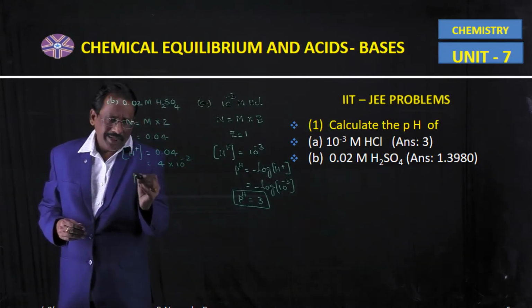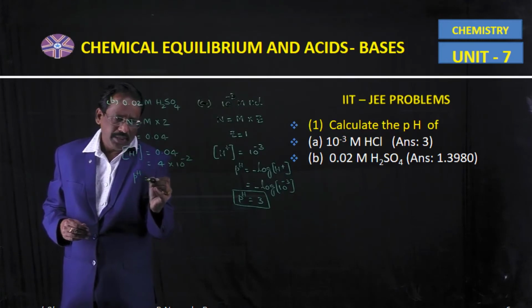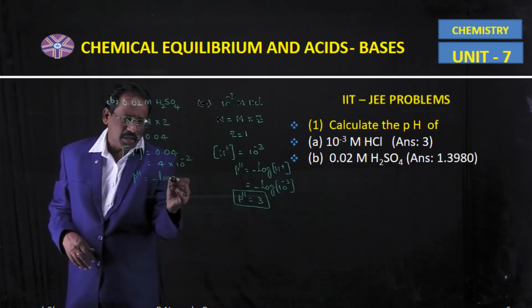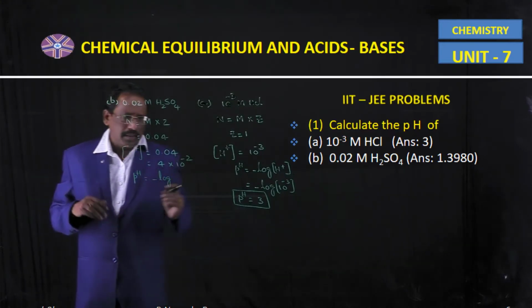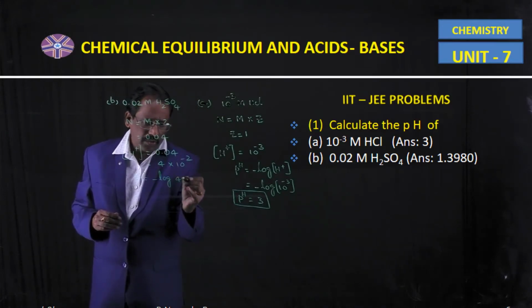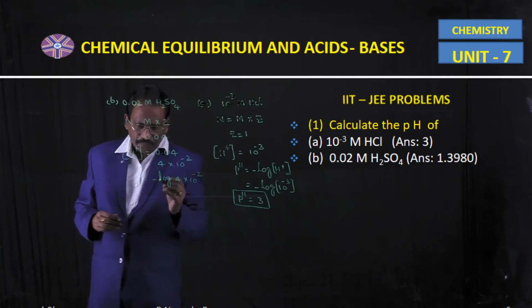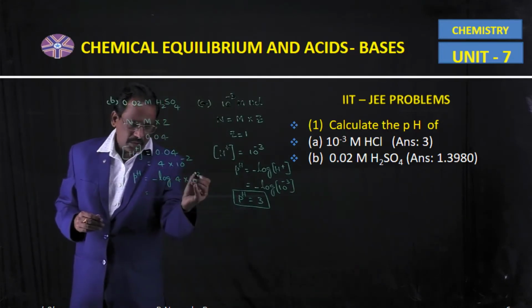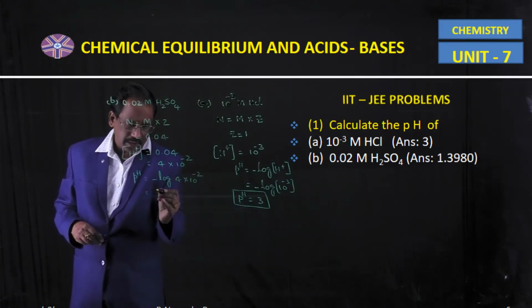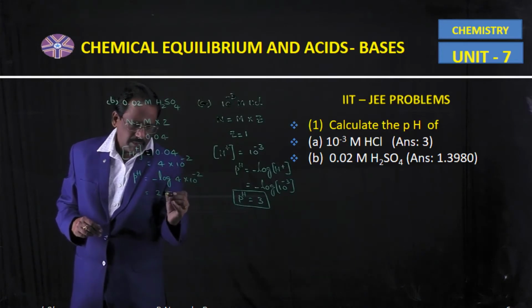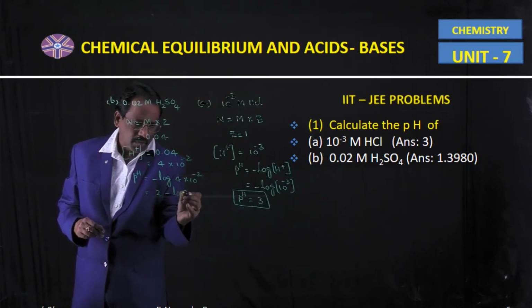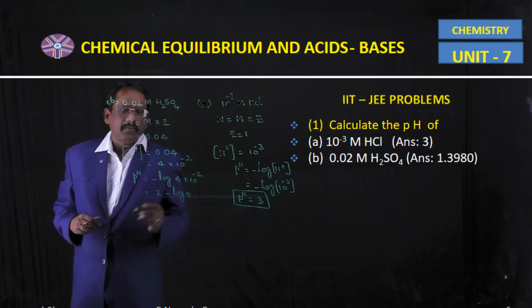Now, pH is equal to minus log 4 into 10 power minus 2. So this is equal to minus 2 into minus 1, that is 2, minus log 4.